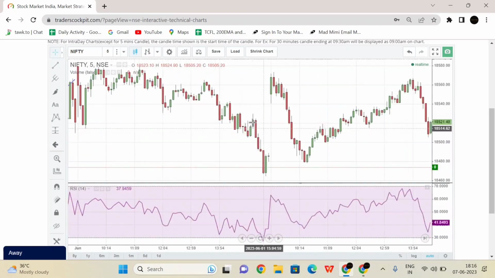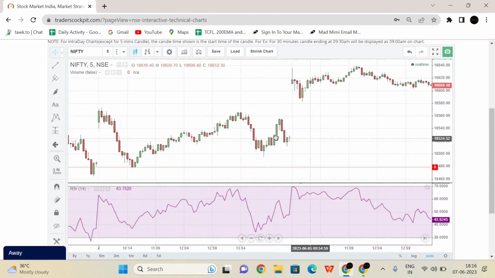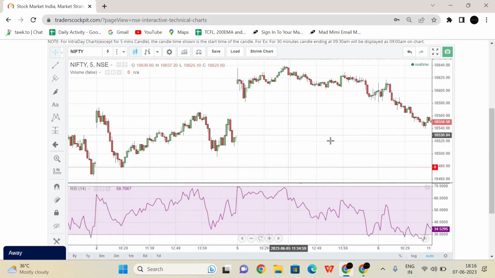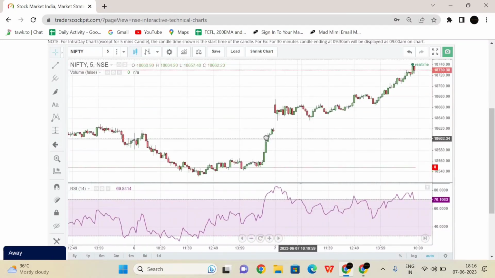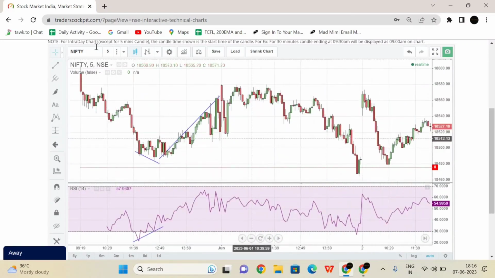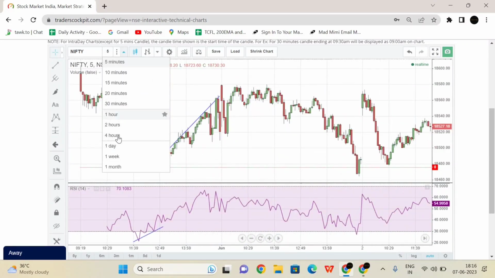Then if you want to look for a selling opportunity, let's identify one. Just take the daily candle.